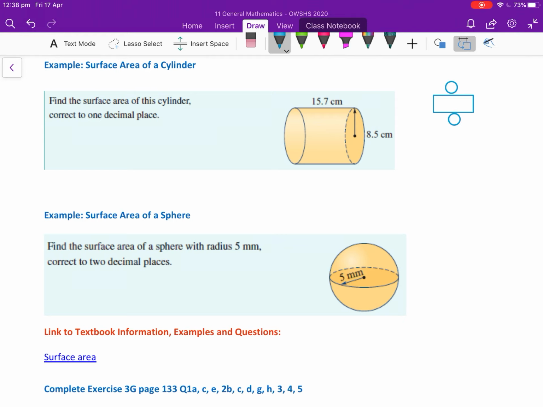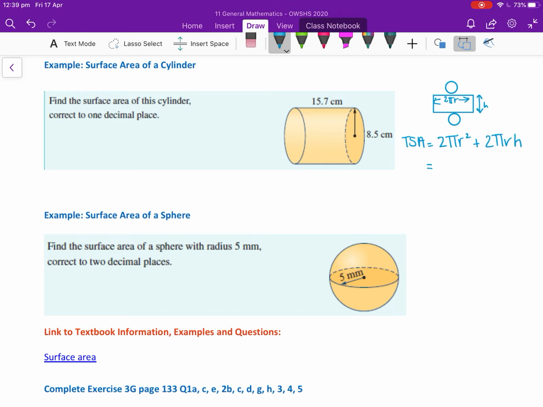So when we go to do our rule, we write our TSA, total surface area, equals, and our rule is 2, because we've got 2 circles, so 2 lots of pi r squared, and then plus 2 pi r, which is our circumference. So remember we talked about the circumference being 2 pi r, and then we multiply it by the height, so just times height.